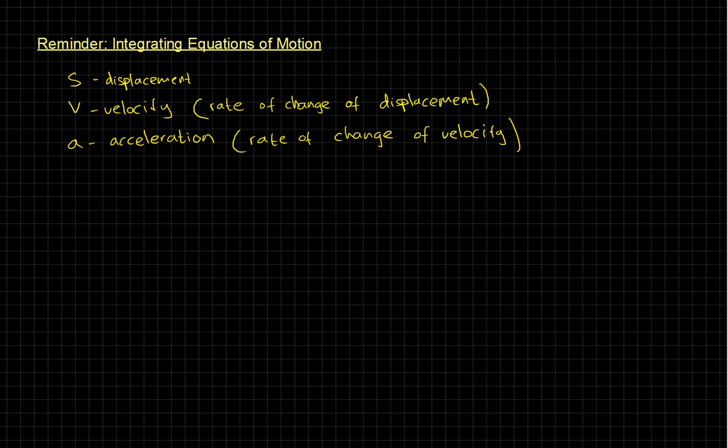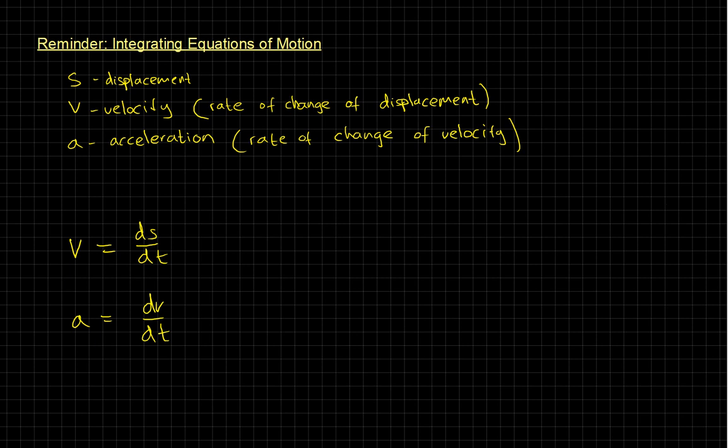Okay, and then mathematically speaking, we can write that like this. We can say V is equal to ds over dt. That's our rate of change. And similarly, acceleration is the rate of change of velocity.